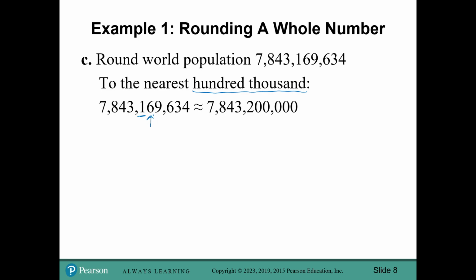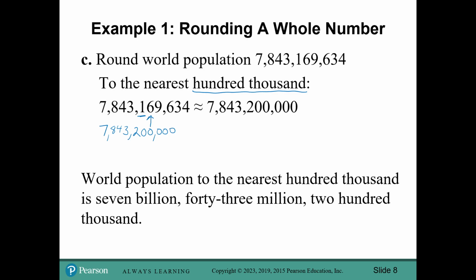That 6 is greater than or equal to 5, so it tells us that we need to round this 1 up to a 2. And then we will allow everything to the right to become zeros. So we will write everything to the left just as it is, except we have now rounded this 1 up to a 2, and we're going to drop all other digits to zeros. So we wind up with 7,843,200,000.